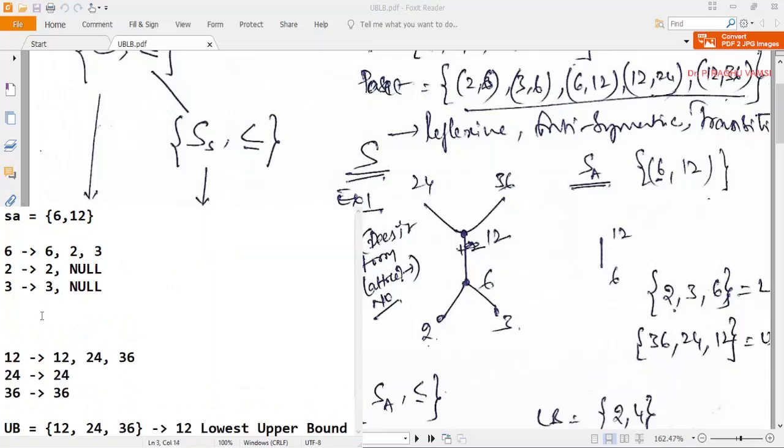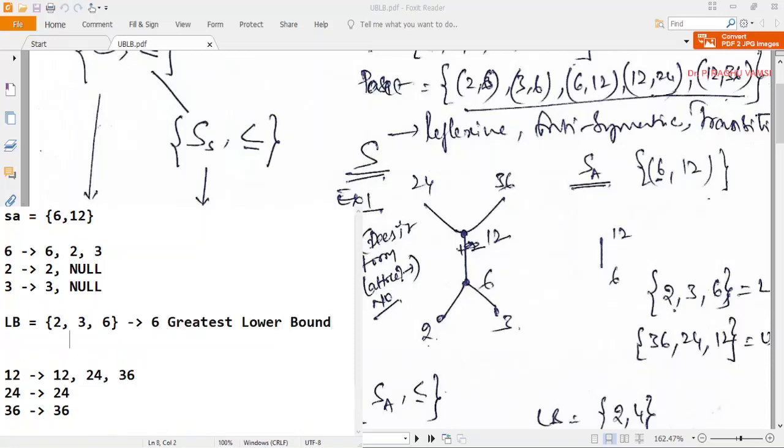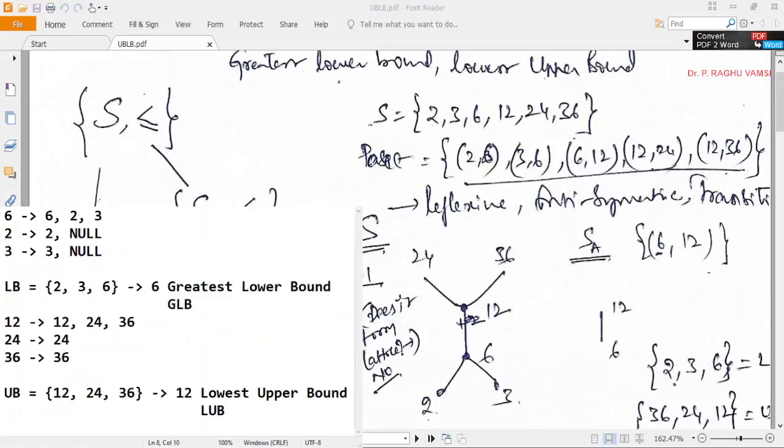What is the greatest element in the lower bound? Here 6 is there. This is said to be the greatest lower bound, or we can say GLB. With this, we come to know what is meant by lower bound, upper bound, greatest lower bound, and lowest upper bound. Now we'll move on to other examples to understand this concept better.